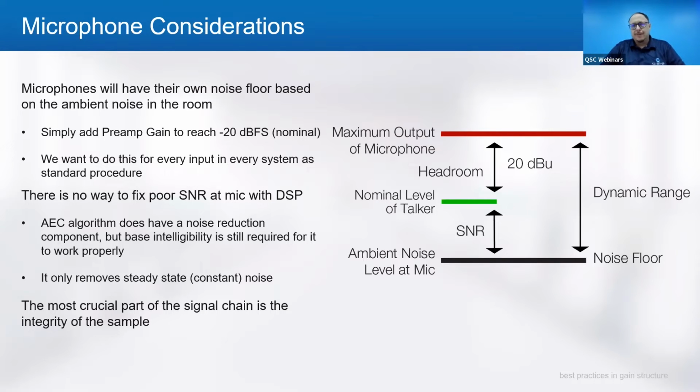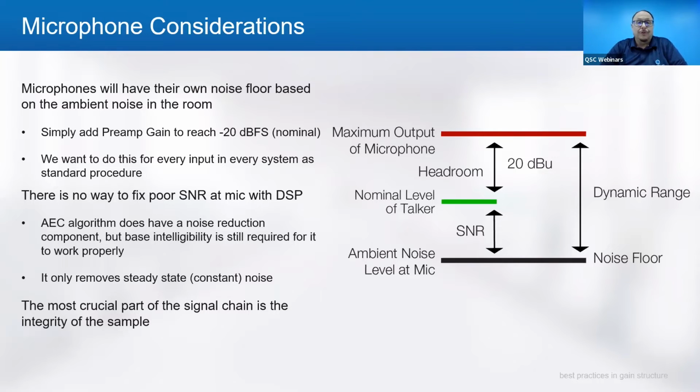Over the last 5 to 7 years we've moved to a lot of ceiling mics as the technology has gotten better, but they typically bring more ambient noise of the room in. Even a handheld microphone or a gooseneck microphone on a table will bring some of that in too.